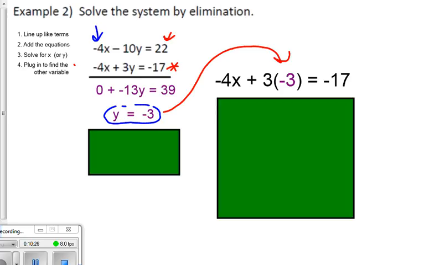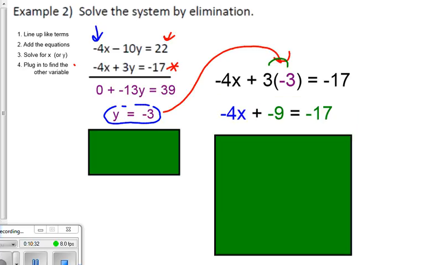From here, we just have to simplify things out. 3 times negative 3 is going to be negative 9. So that first piece, that negative 4x, that's an x term, so we're going to write that one in blue. 3 times negative 3 is a constant now. It's no longer a y term because we don't have any y's. It's a constant, so it's just negative 9, and our negative 17 is still on the other side.